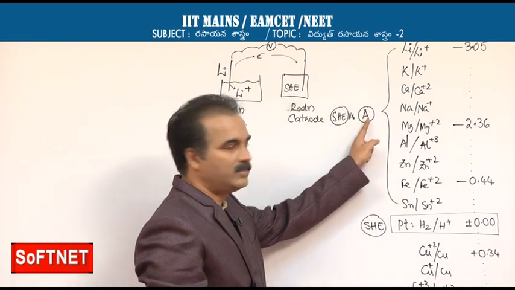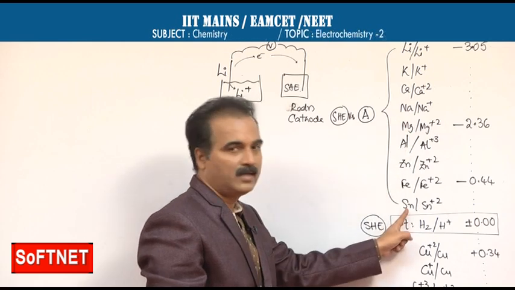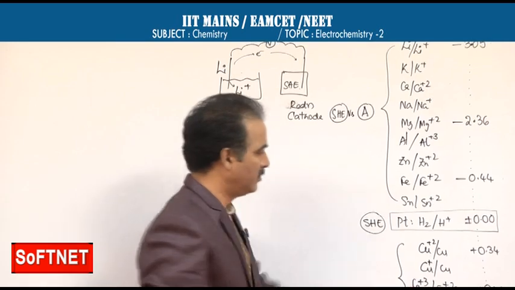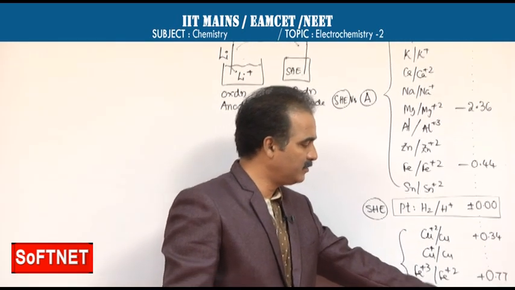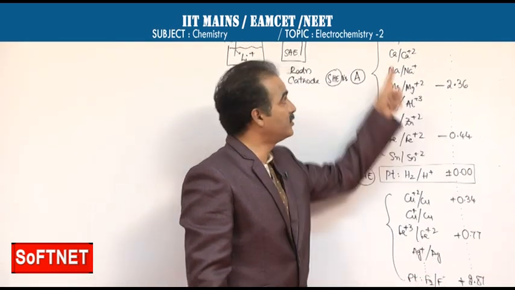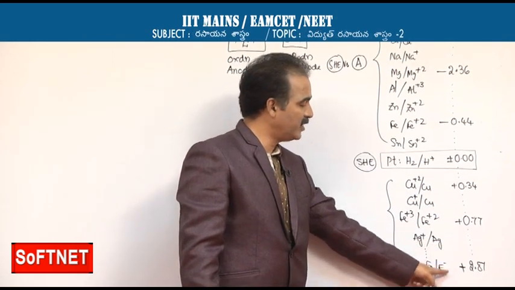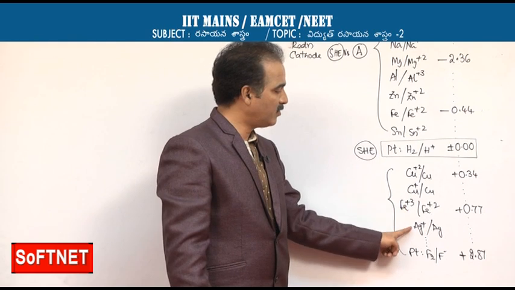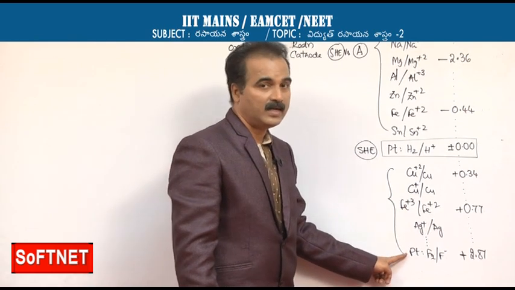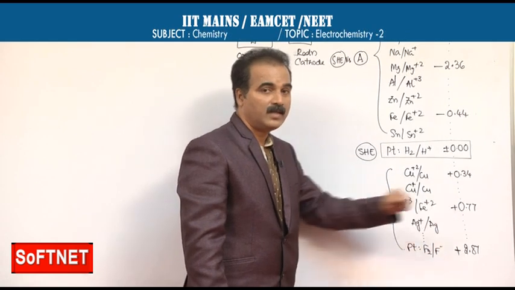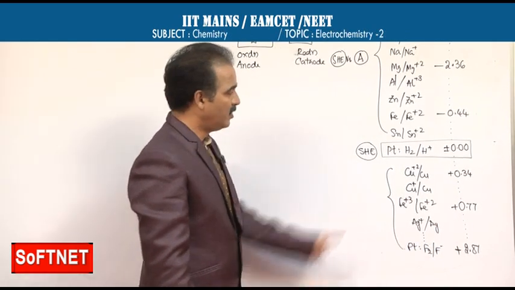Similarly, some electrodes here have positive values of reduction potentials. Positive reduction potential means that when each electrode is connected to SHE, it undergoes reduction, which is why their reduction potentials are given as positive.